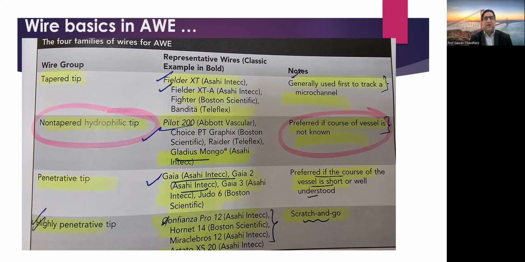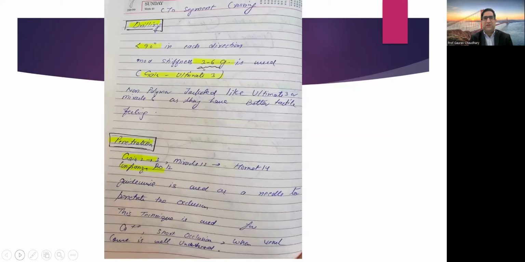But mostly this scratch and go should be avoided because this can cause perforation, larger dissections. So mainly highly penetrative tip wires, Confianza Pro, are used in patients who have this calcified CTO segment. So these are the four types of wire that should be in our mind while we are dealing with the antegrade wire escalation.